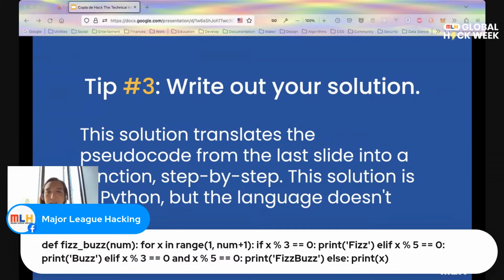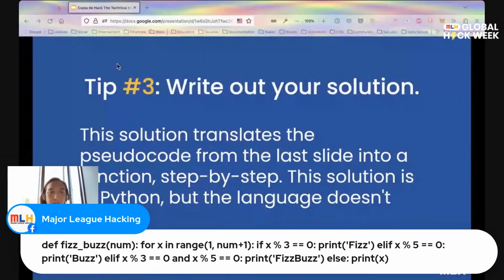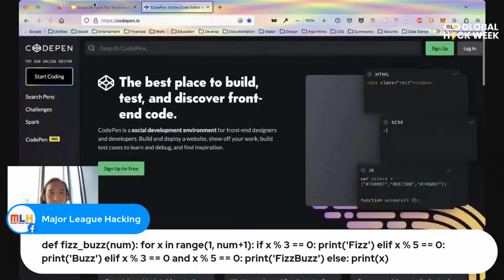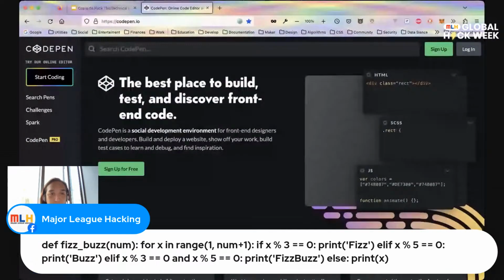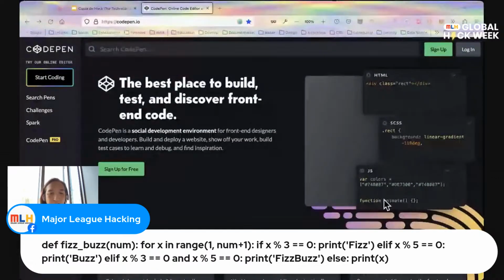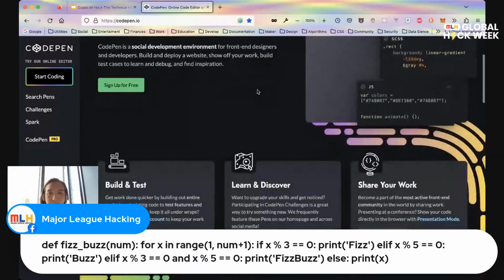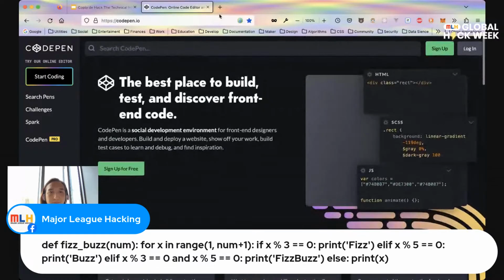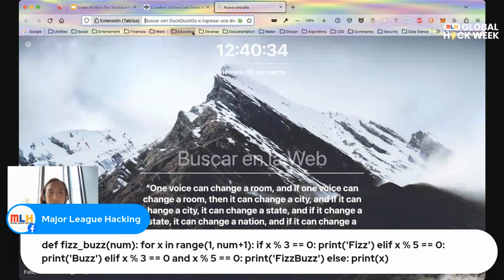Sorry about that. Okay, you're seeing my CodePen. But this doesn't work for Python, I think. I'm going to open Carbon then.